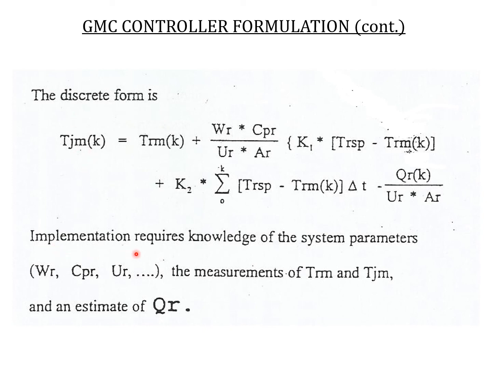And as I said, implementation requires knowledge of the system parameters, the measurements of TR and TJM, the Ys and the U. U is also measured, because actually the set point is not the U itself. The set point is the TJ set point.